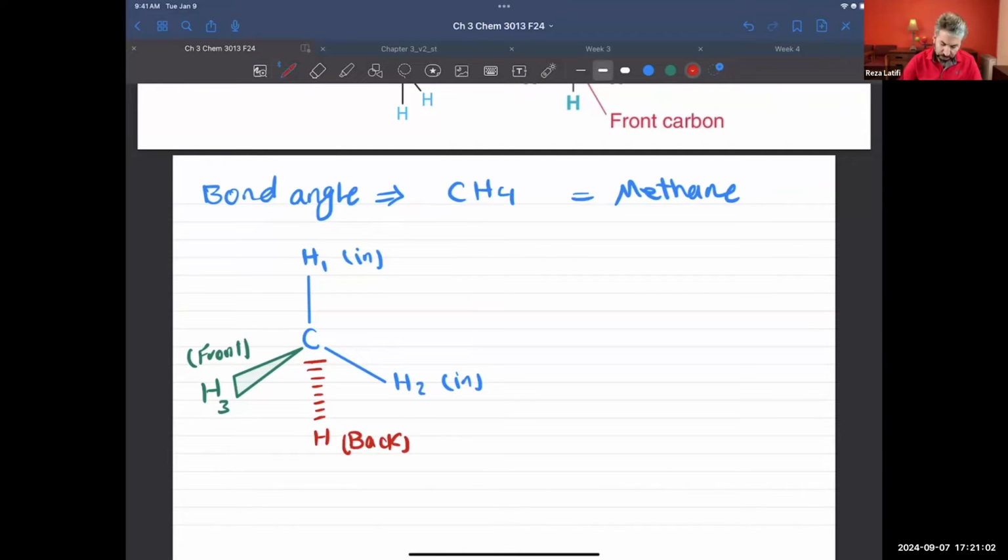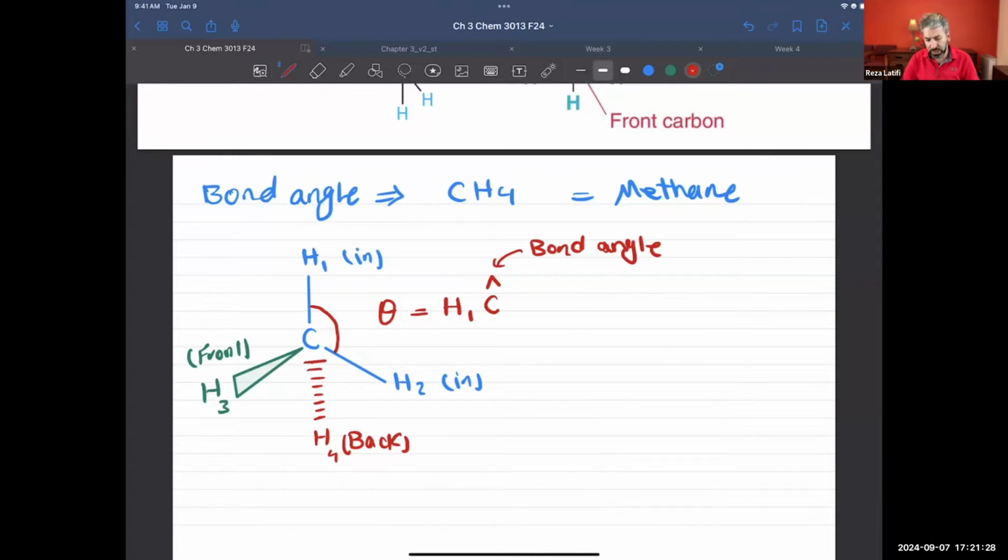The angle between three atoms, we call it the bond angle. So I'm going to highlight this. Theta is equal to the angle between H number one, carbon, and I will put this sign on top of it to say this is a bond angle. And then I need one more atom.